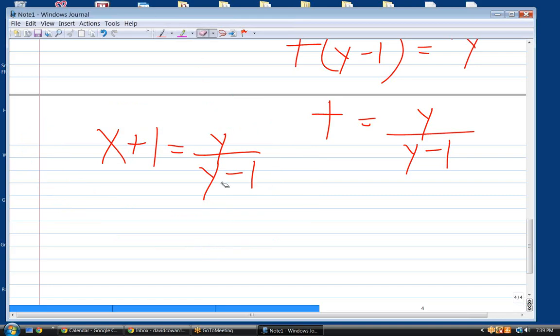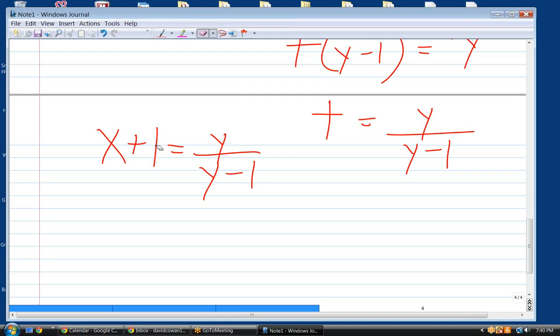Whether or not they want you to do that, I'm not sure. Are you supposed to end up with y equals? I think we're supposed to end up with y equals so we can graph it.